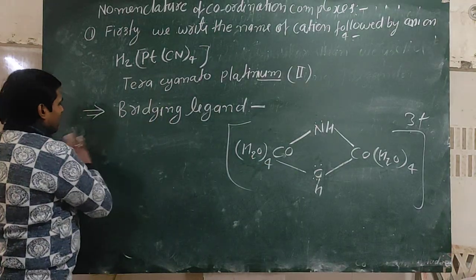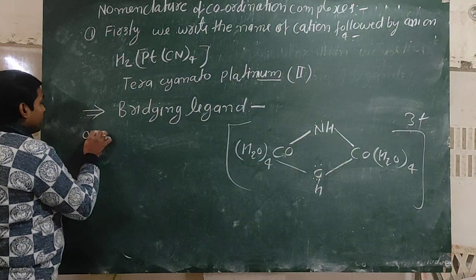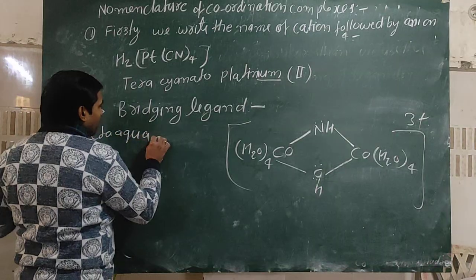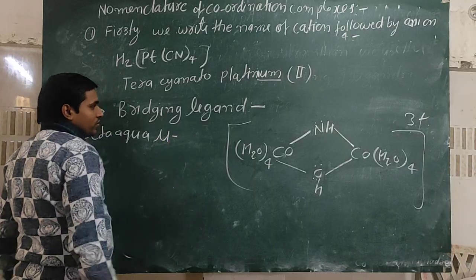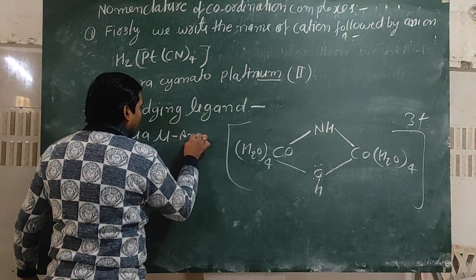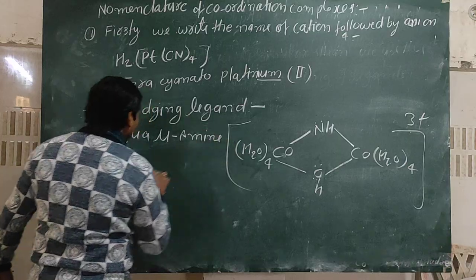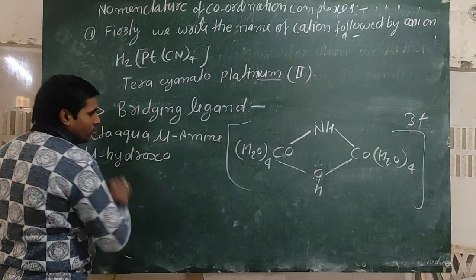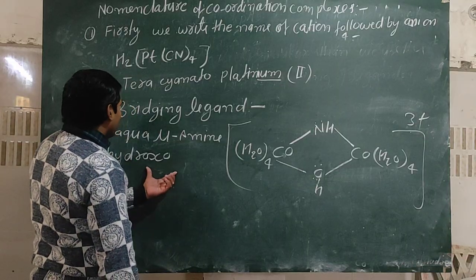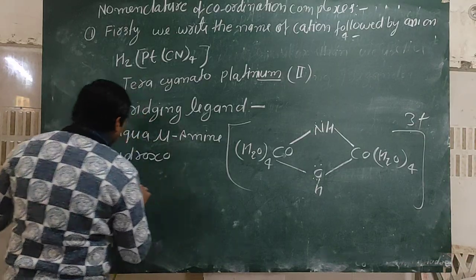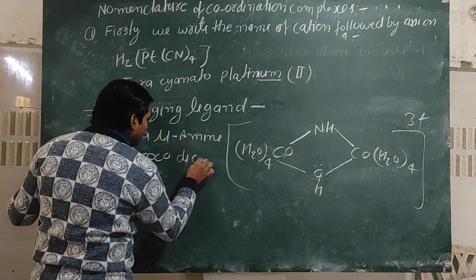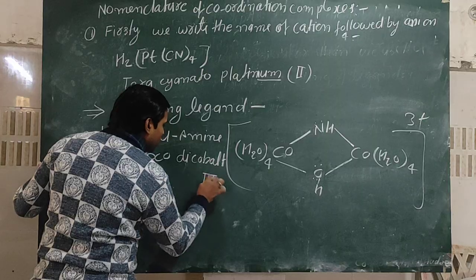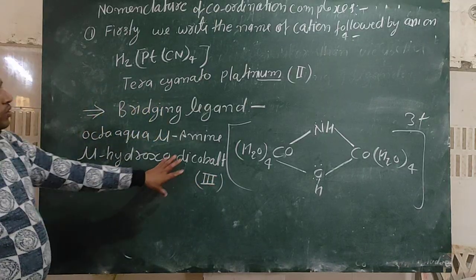Therefore it becomes octaaqua-mu-amido-mu-hydroxo-dicobalt(III). It is the name of the bridging ligand complex.